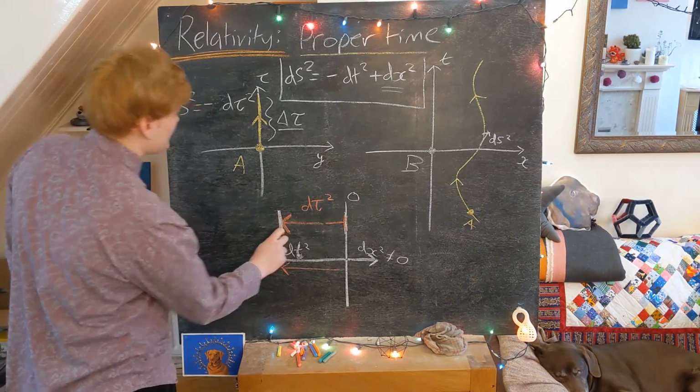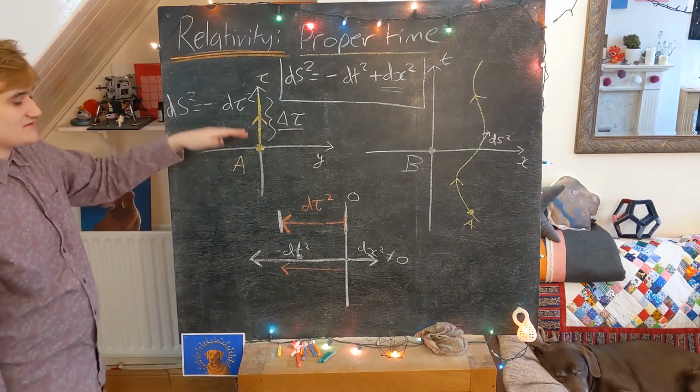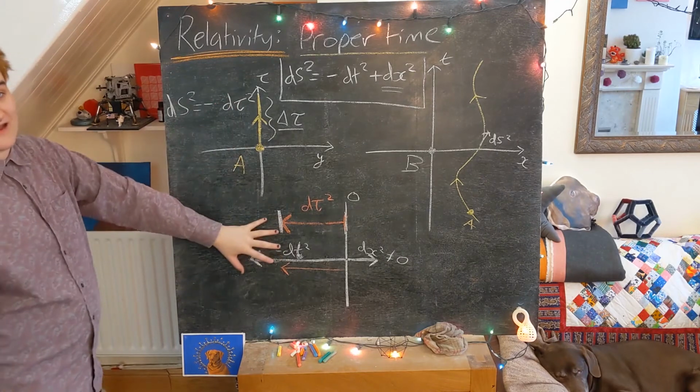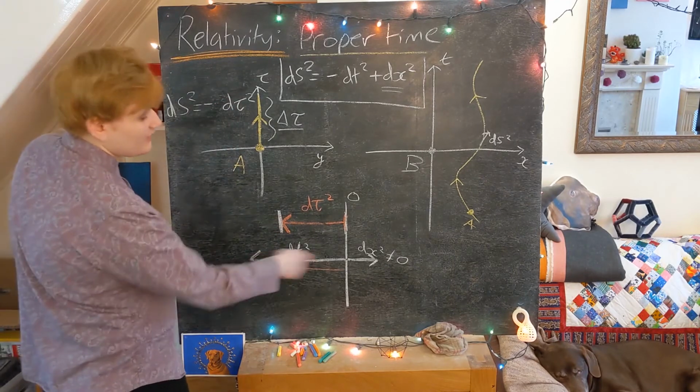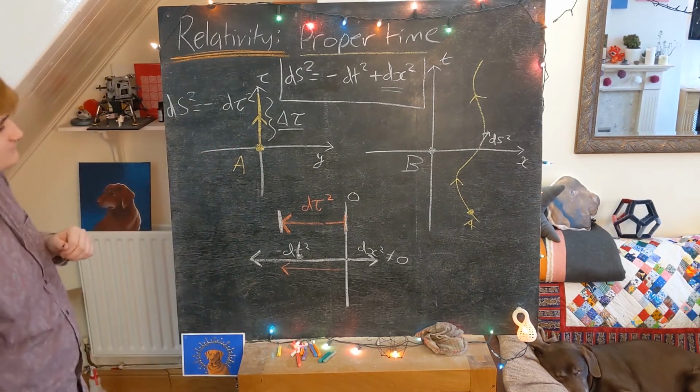And so you're always going to measure time distances as being the minimum possible distance in your frame, and then the other observer is going to associate a longer time interval to that same proper time interval.